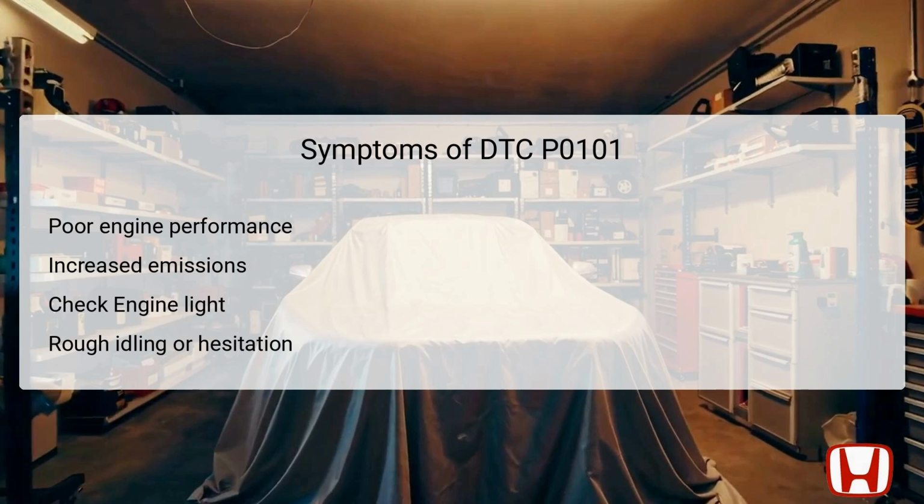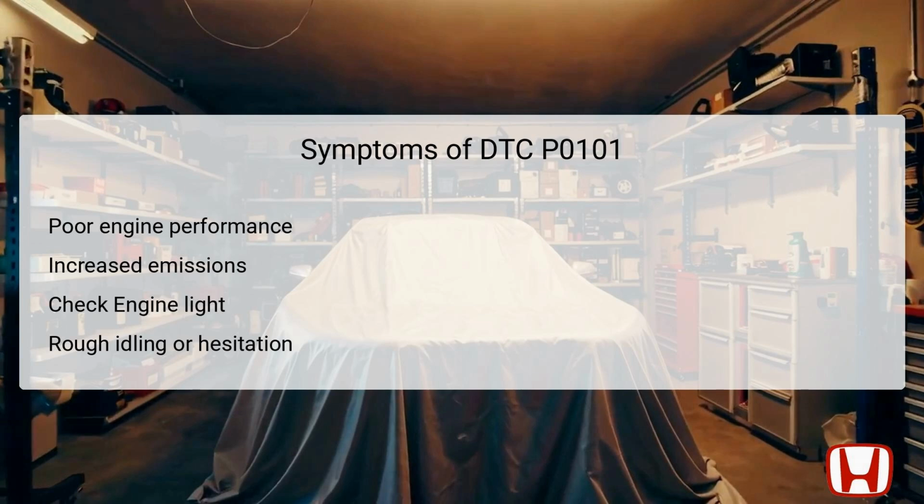Increased emissions could also be observed due to incomplete fuel combustion prompted by the erroneous air intake readings. Furthermore, the check engine light will illuminate, alerting the driver to an issue that needs to be addressed.